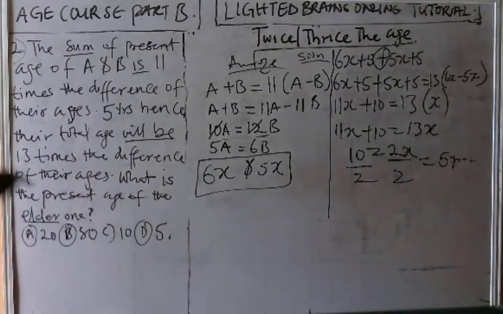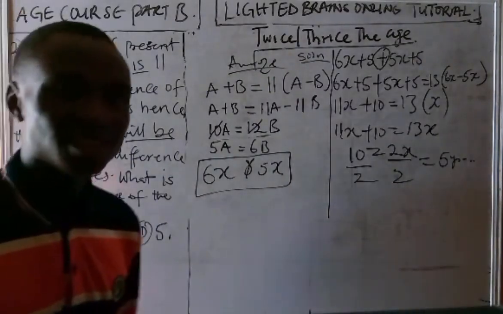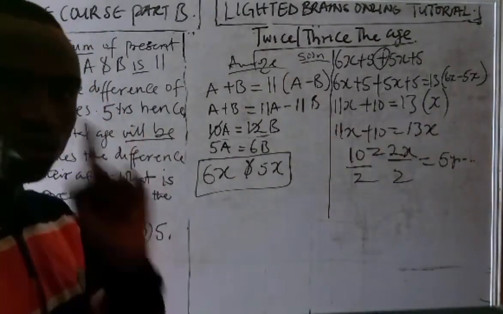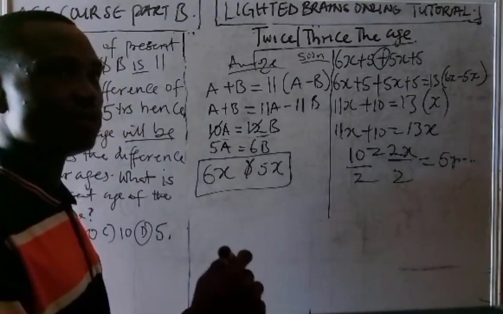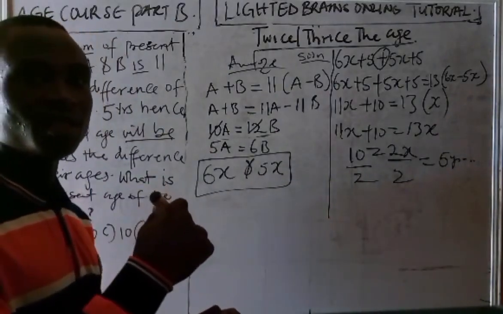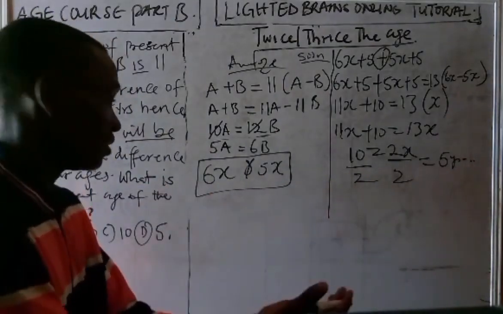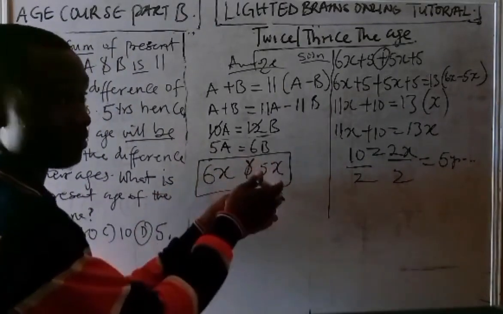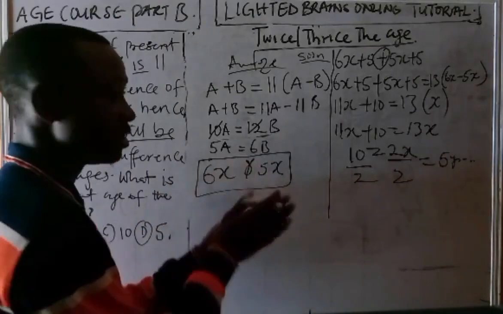They are asking us for the present age of the elder one. The question says the elder one; did they state the senior or junior? No. The elder one means the senior one. This one is the senior because 6 is higher than 5. Do you understand now?